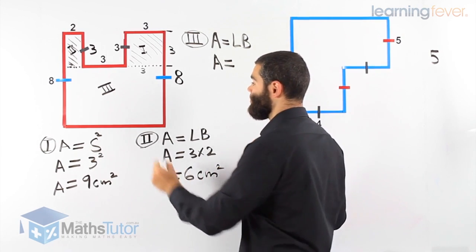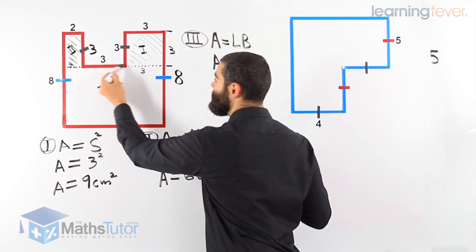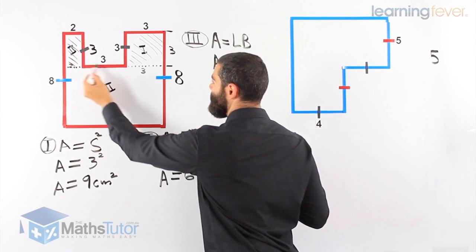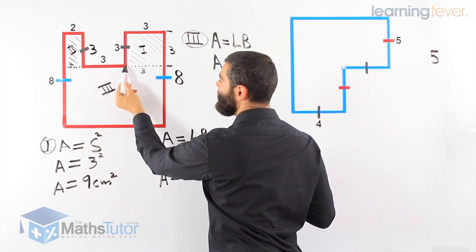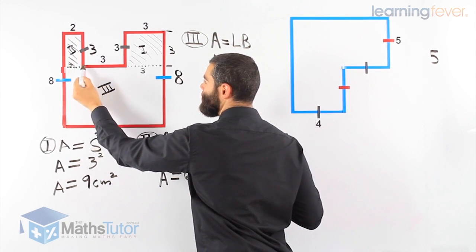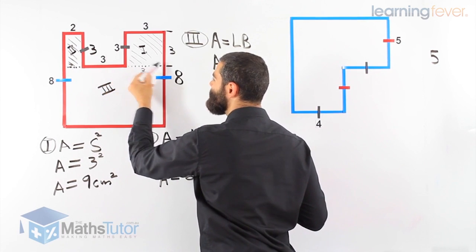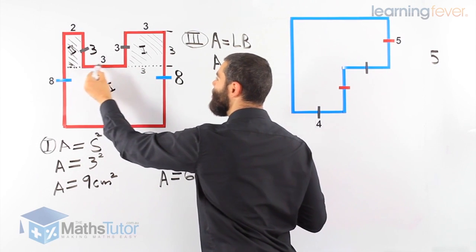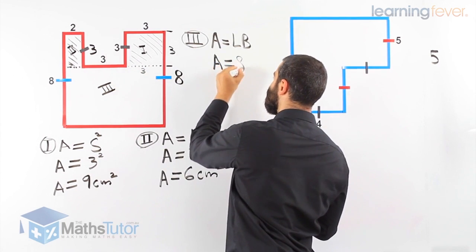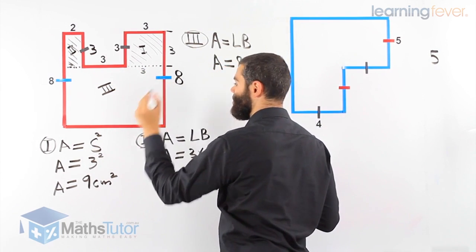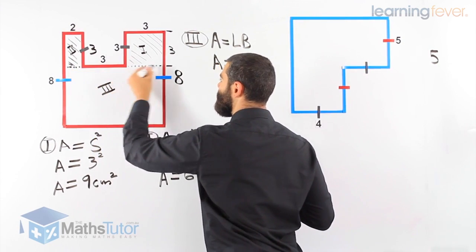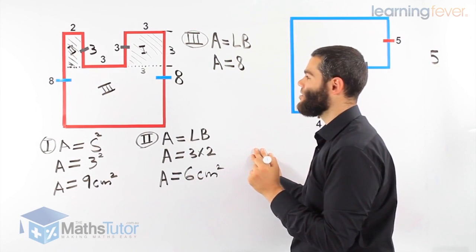We can tell that from here to there is the same as from here to there. That's our length. So we can tell 3 plus 3 plus another 2. The whole length, 2 plus 3 plus 3, is 8. So this side is 8, and this side is also 8. So the length is 8.